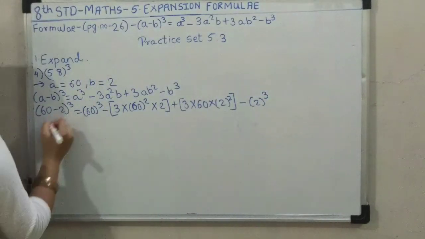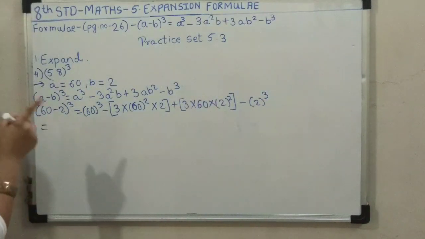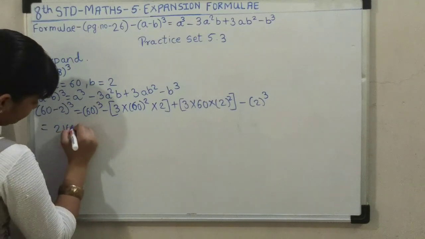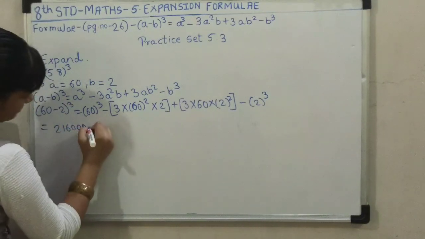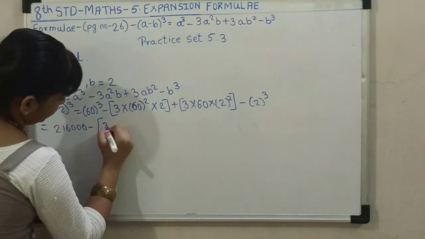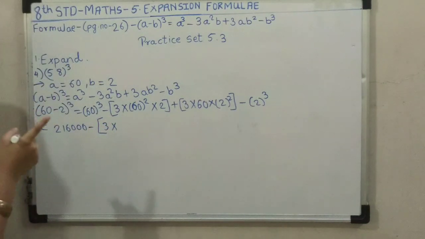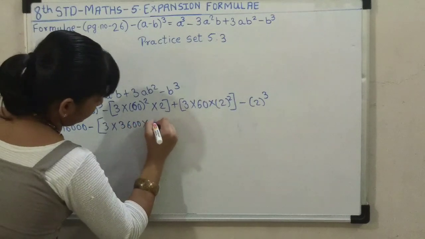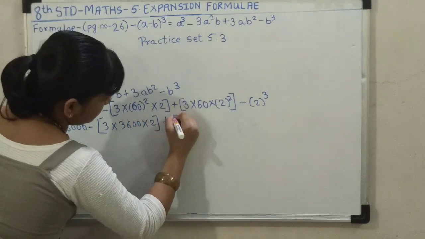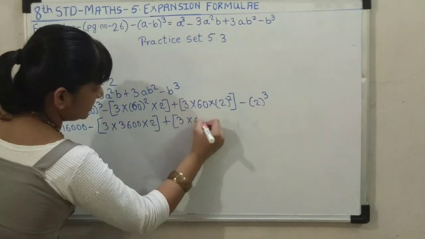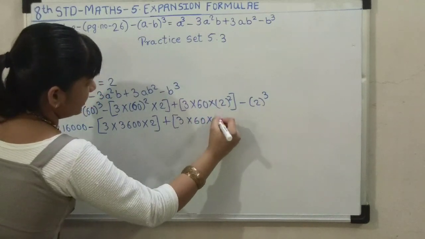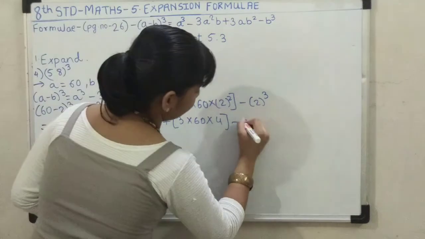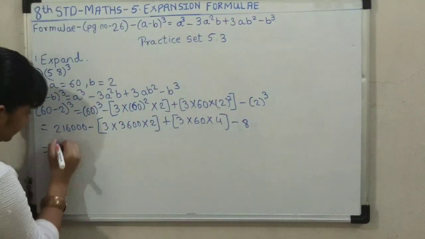So it is equal to 60's cube, which is 2,16,000, minus here 3 into 60 square is 3,600 into 2, plus 3 into 60 into 2 square is 4, minus 2's cube is 8.